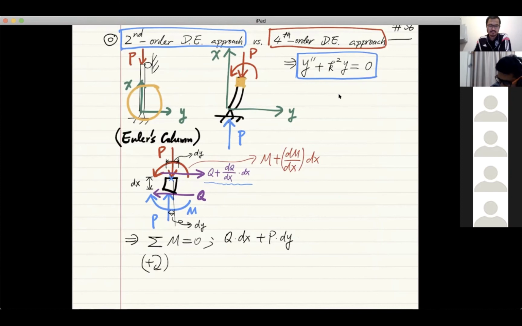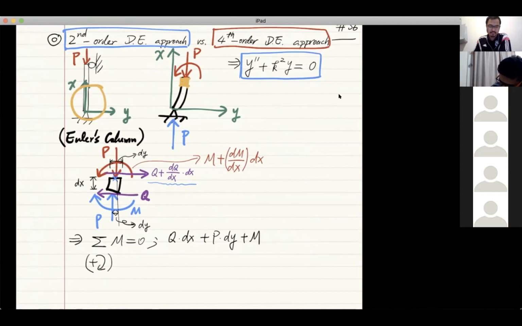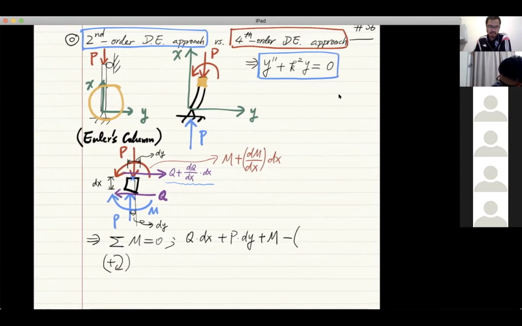Plus m, there's a moment here, m minus m plus dm, so we have the internal moment. This m is the internal moment at the bottom side, and the other term is the internal moment from the top side. This whole thing should be 0.